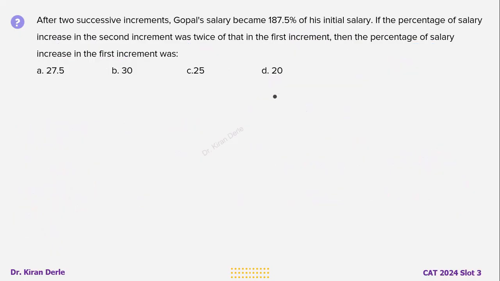Great. After 2 successive increments, Gopal's salary became 187.5% of his initial salary.